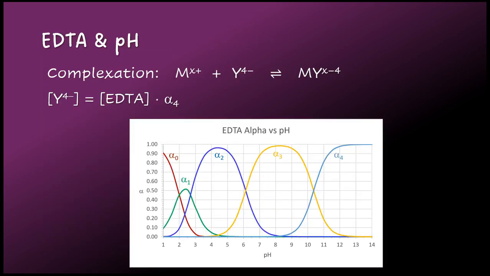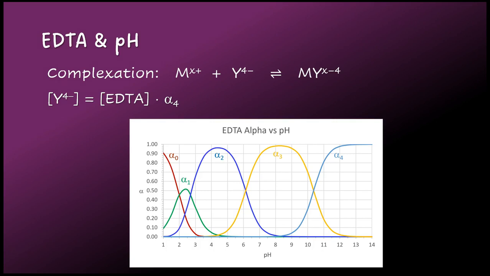For the complexation reaction, we're showing a generic notation for the metal ion as M, having a charge of X+. It reacts primarily with the deprotonated form of EDTA known as Y4- to form a charged complex. For example, if the metal ion has a 2+ charge, then the charge of the complex will be 2 - 4, or -2.